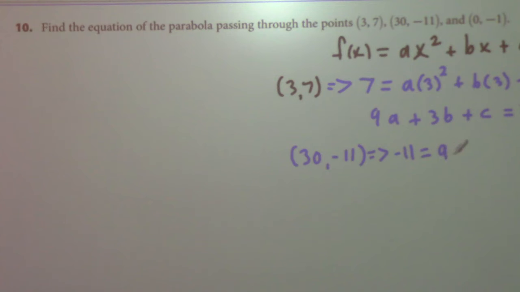So A, and what do we do with this 30? What do we do with this 30 here? Square it, right? And plus B, and what do we put in the place of this x here?